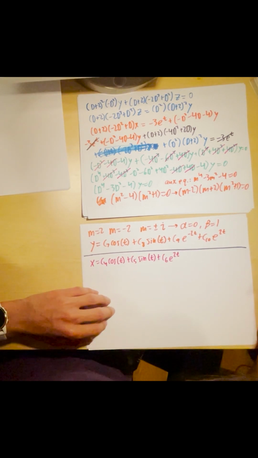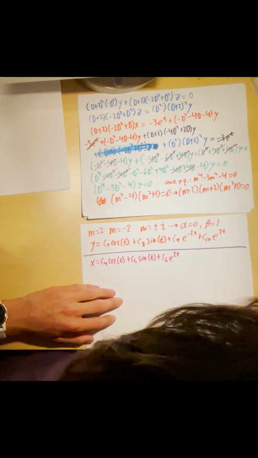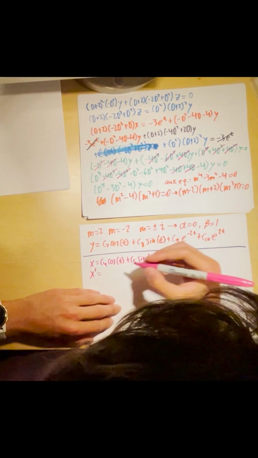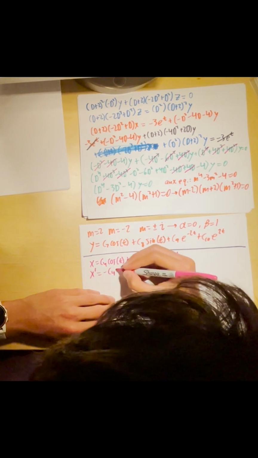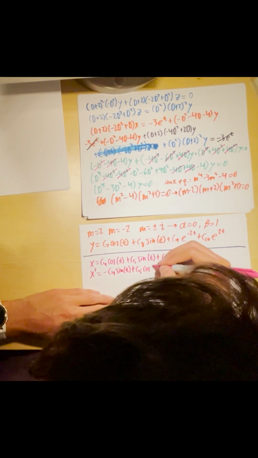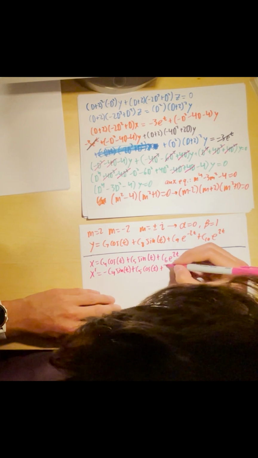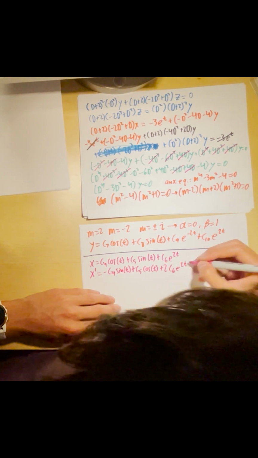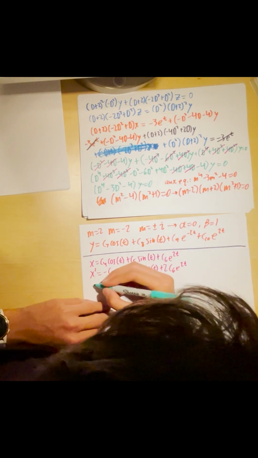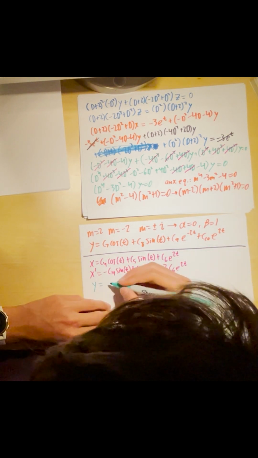What this means is when we take the derivative of this, we're going to get x prime equals negative c4 sine plus c5 cosine plus 2c6 e to the 2t. Now it's time for the y's, which we just solved up here. Still writing it again just so it's in one spot.